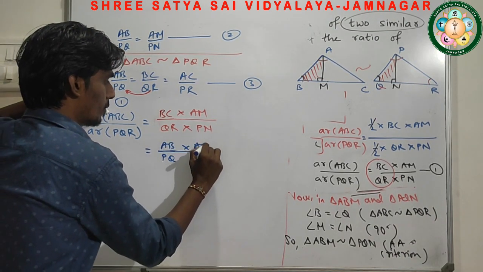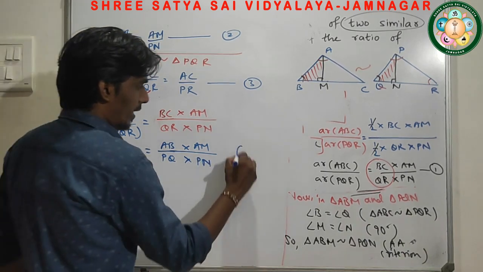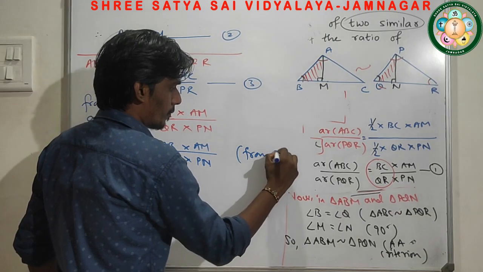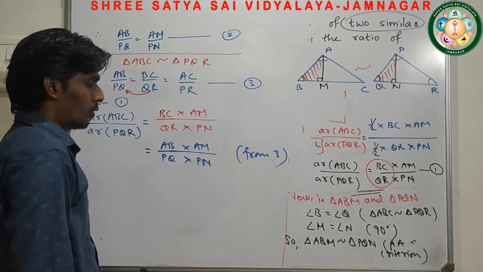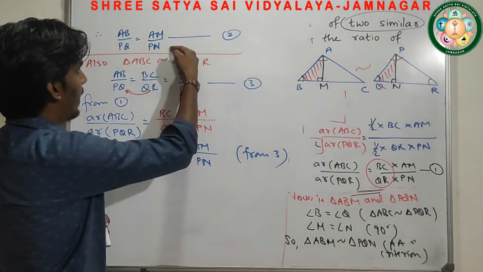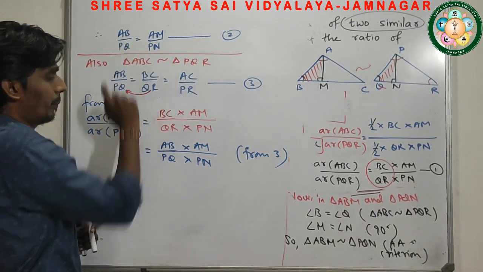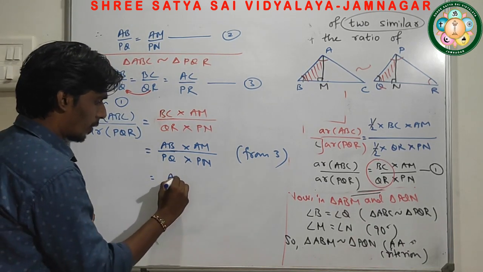Keep this AM into PN as it is. So I can say right here from 3, BC upon QR is AB upon PQ. Now from 2, this AM upon PN is AB upon PQ.